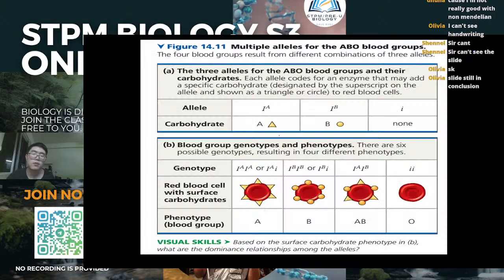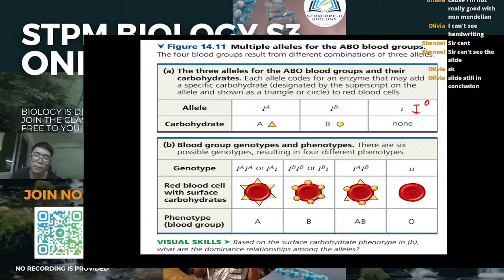So this is just an extract from the Campbell book. We have the alleles A and B, and also O. This is the blood group genotype and phenotype.